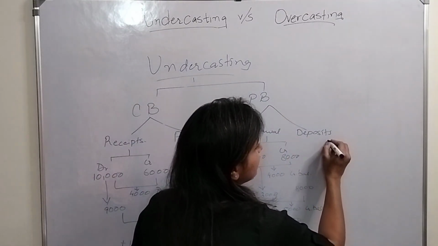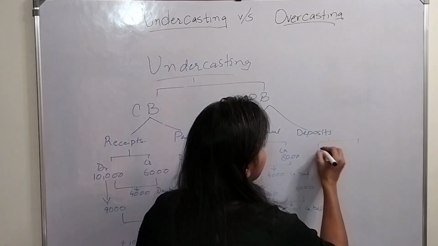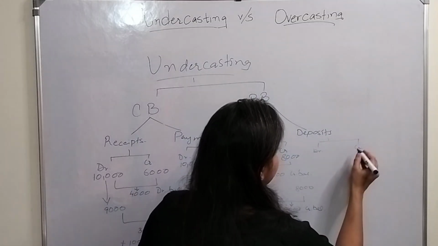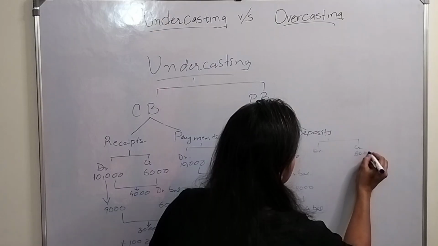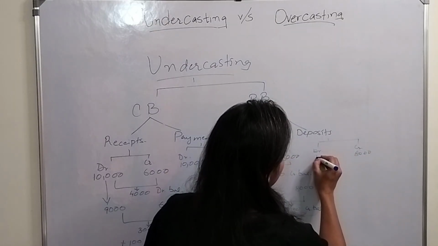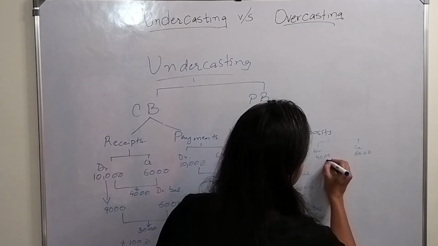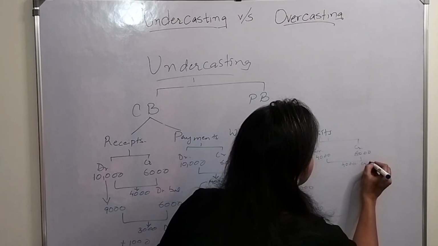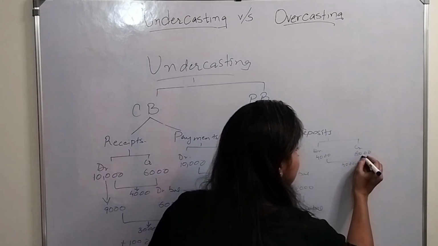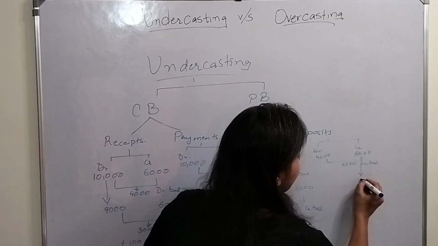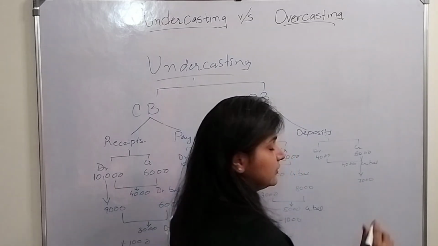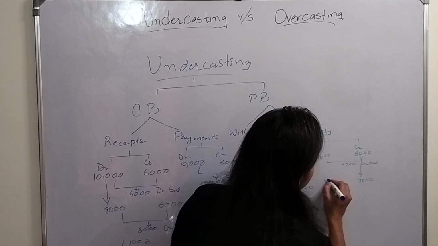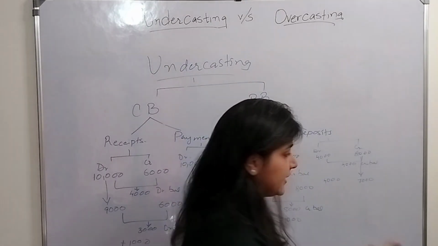Similarly, on the deposit side, it should be 8,000 and my withdrawals are 4,000. So it should show 4,000 of credit balance. But instead of 8,000, the bank has calculated 7,000. The withdrawals are same.